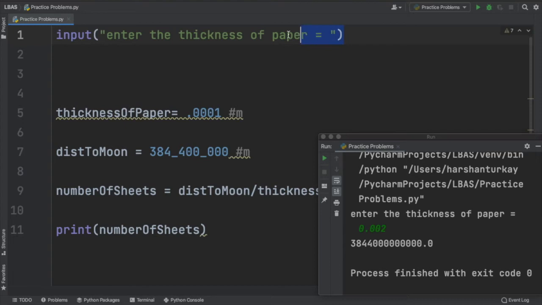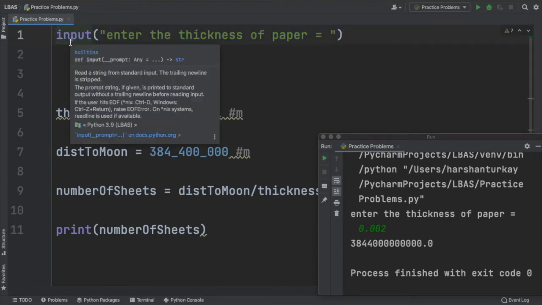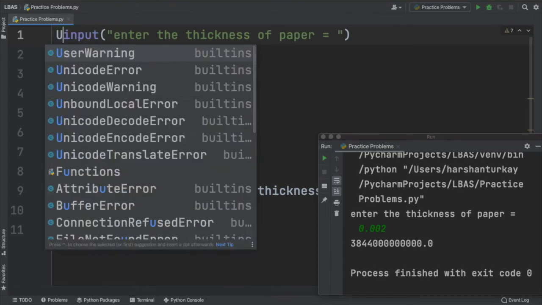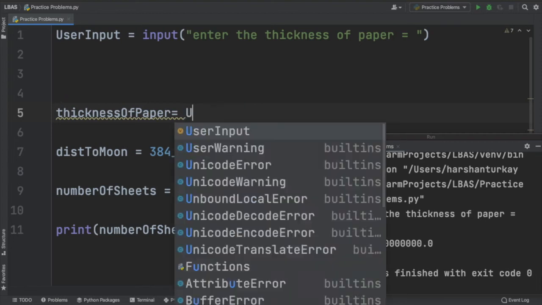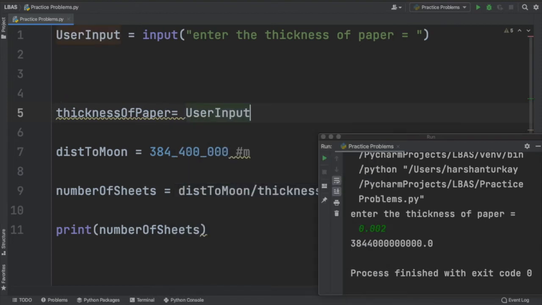So I'll say user input is equal to this, and then instead of this I will just say user input. Now the thickness of paper is whatever you enter here.